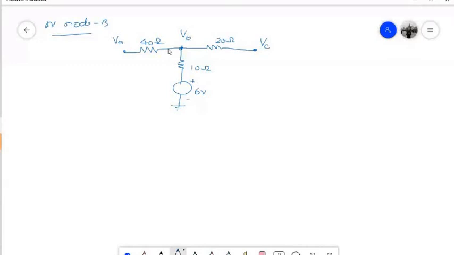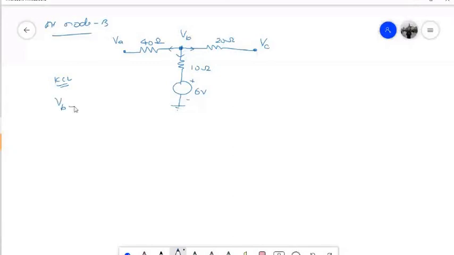Now when I assume that this VB is at a higher potential, which means the currents are flowing from that higher potential. Now if I write this equation for Kirchhoff's current law, how will I get the expression for this current that is flowing through 40 ohm?